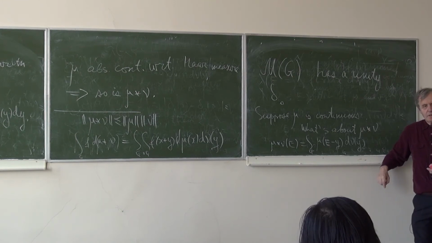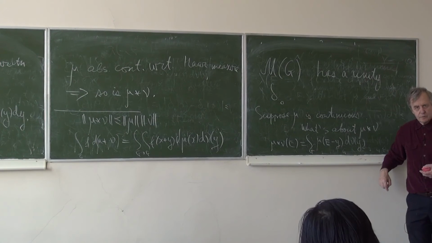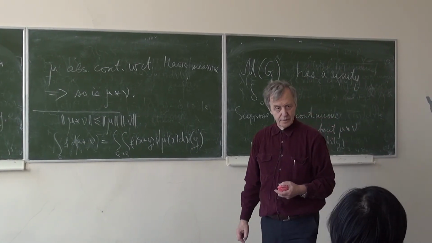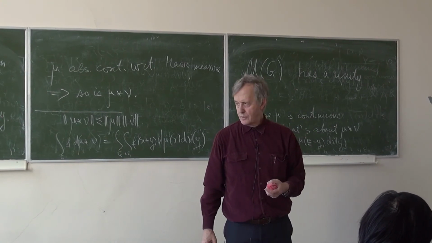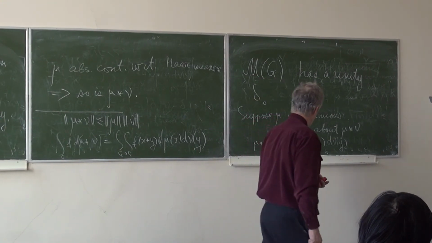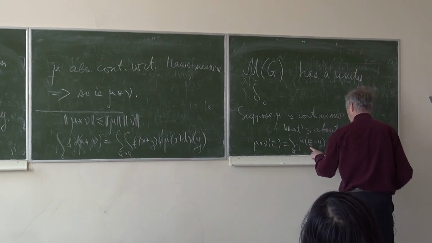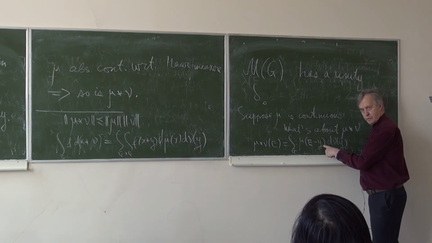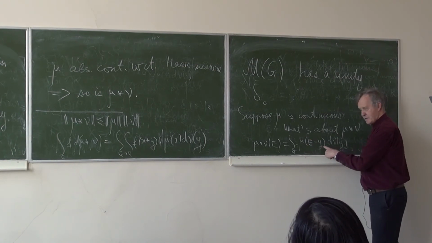It means that it is equal to 0 on every countable set. It has no point masses. Yes? So suppose E is a countable set and mu is continuous. Then this shift is also countable, so this thing is equal to 0.